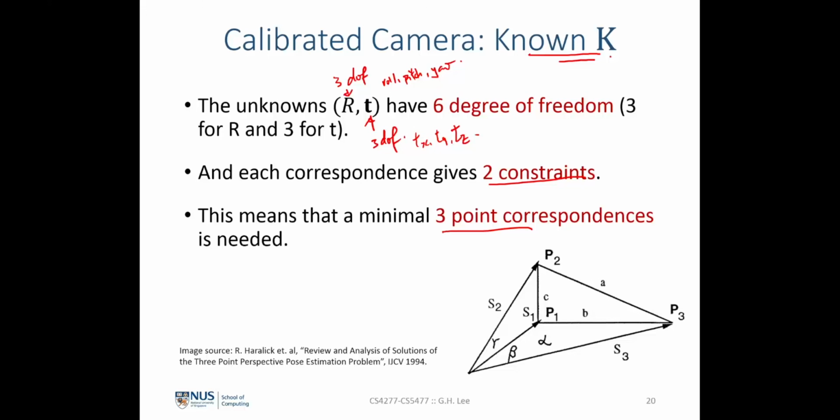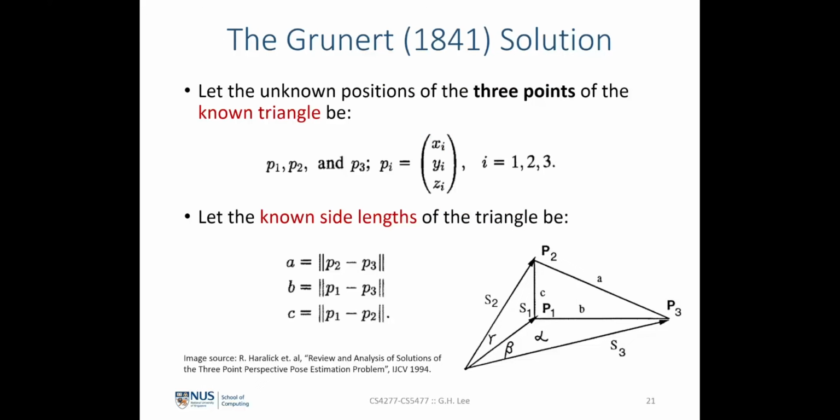Hence, we are going to look at the solution for this using the 3 point correspondences. It was invented by Grunert, a German scientist, in 1841. That's about 160 years ago.